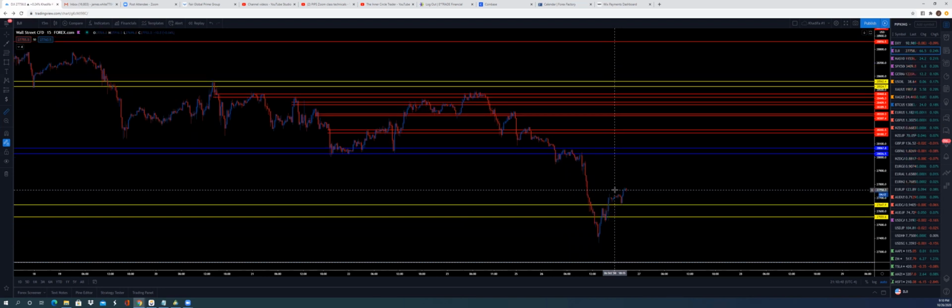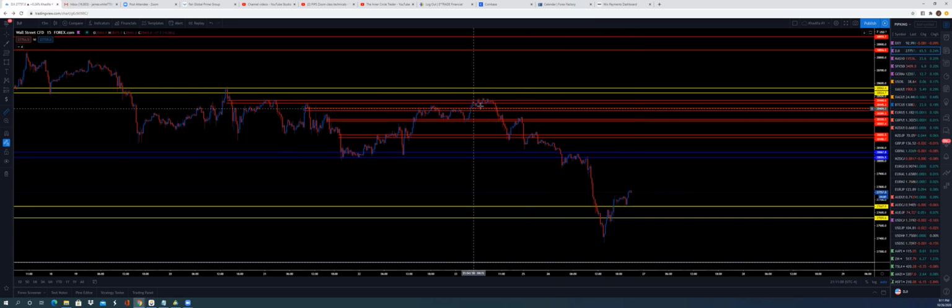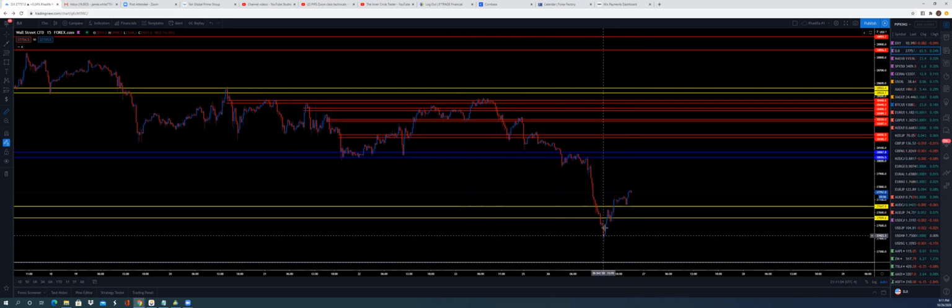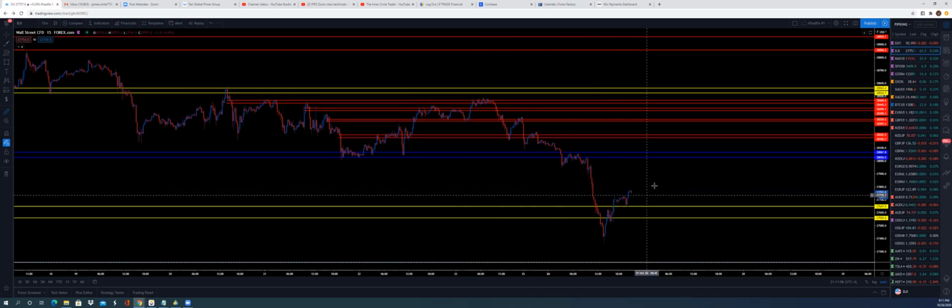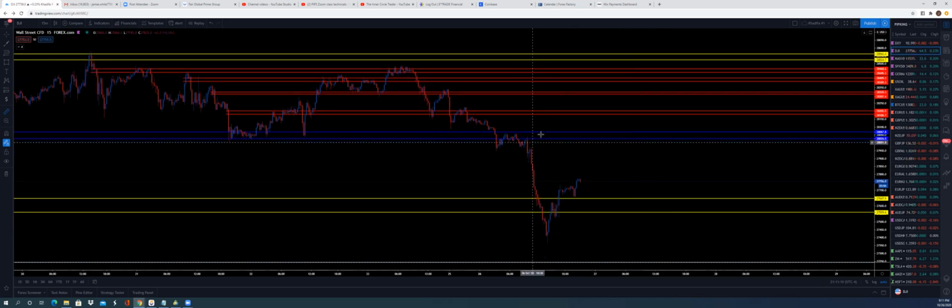So now for U30, what I would like to see, what I expect to see out of U30, is for U30 to give us a correction off of this drop. This was a nice little drop. I want to see U30 come back up here.